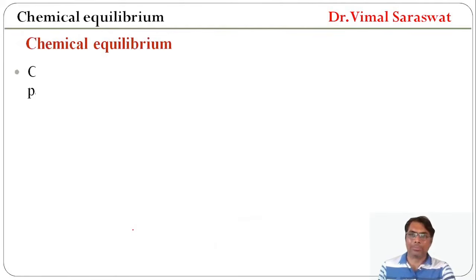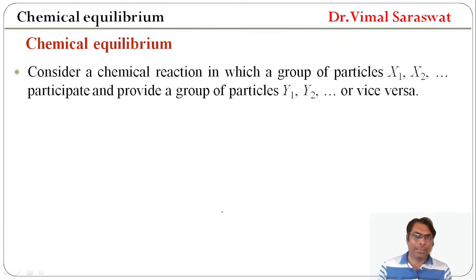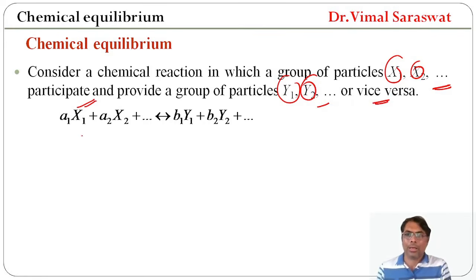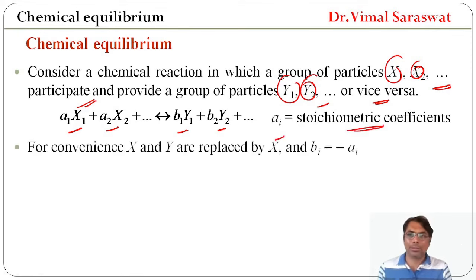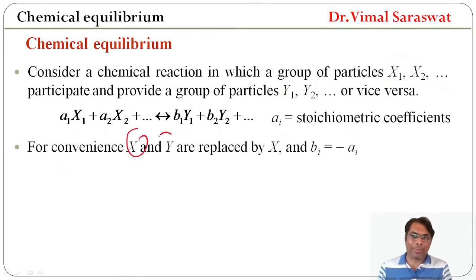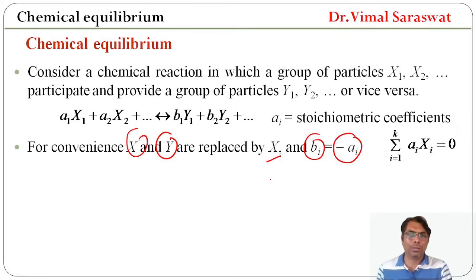Now, chemical equilibrium. Consider a chemical reaction in which a group of particles x1, x2 and so on participate and provide a group of particles y1, y2 and so on or vice versa. So a1x1 plus a2x2 gives b1y1 plus b2y2. Here a1 is stoichiometric coefficient. For convenience, x and y are replaced by x and b1 equal to minus a1. So this equation will be sigma i equal to 1 to k ai xi equal to 0.